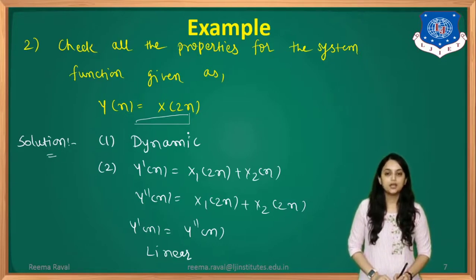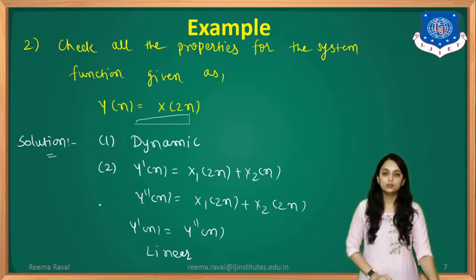Second property is to check whether the system is linear or non-linear. Again, for this we are going to follow the steps. Step number 1 is to take the two inputs separately and then apply them to the system. So we are considering two inputs x1 and x2, and if we apply them to the system, we'll have x1 of 2n plus x2 of 2n.